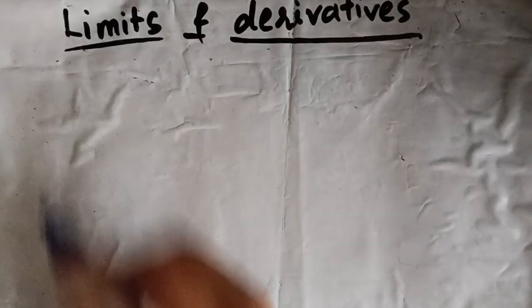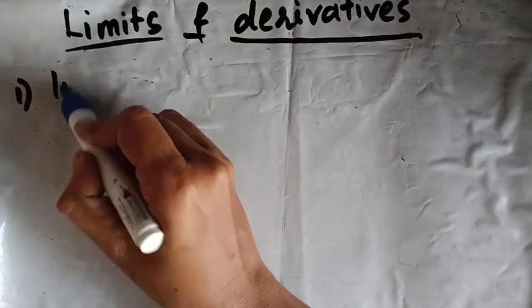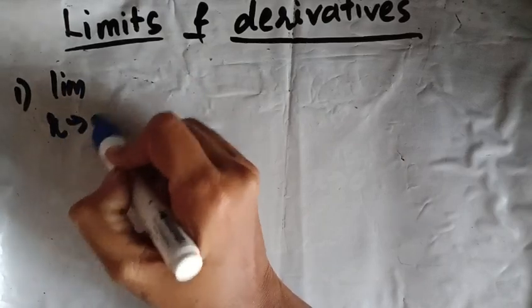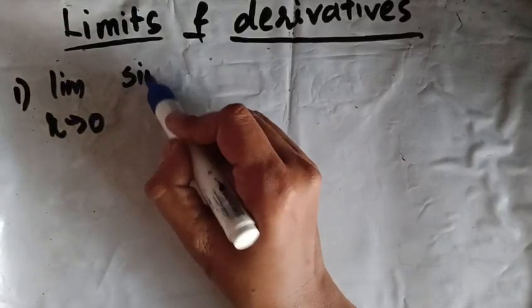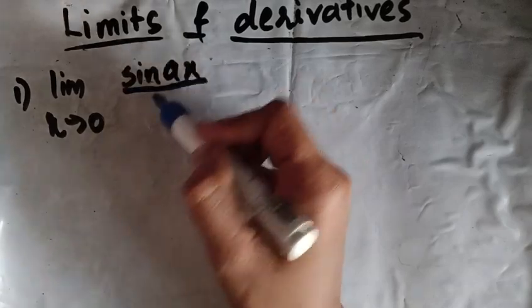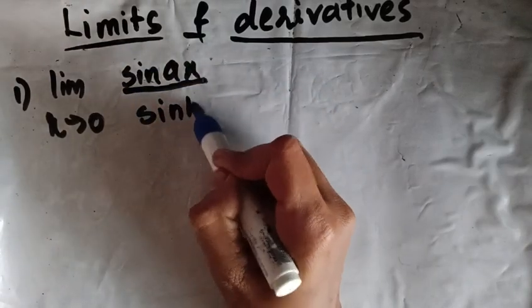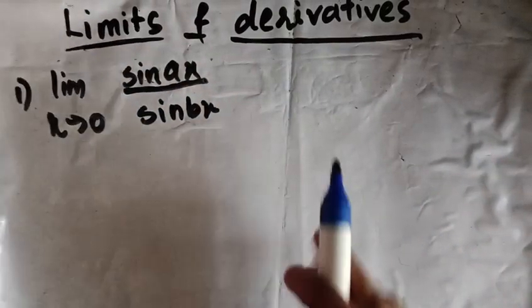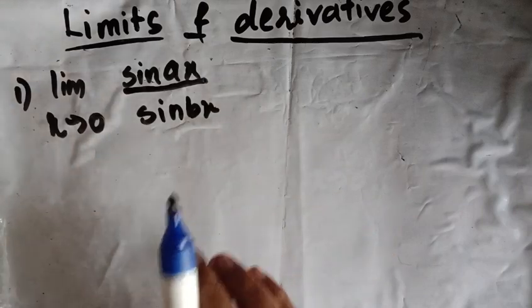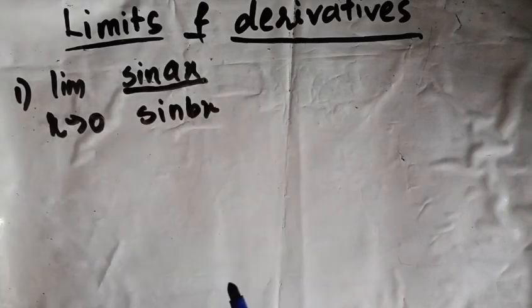Let's solve some problems. Limit as x tends to 0, sine ax upon sine bx. So we have to convert this to sine x upon x.